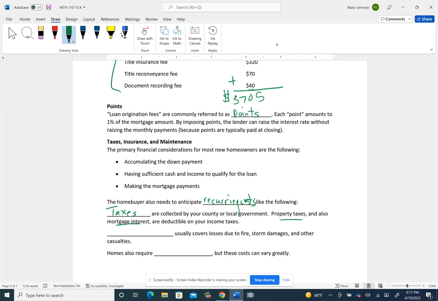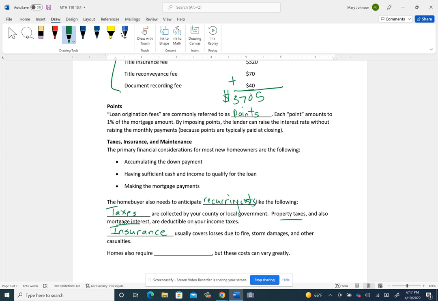You also have to have insurance. In order to get a loan, your house has to be insured, and that can be significant. It'll cover things like fire, storm damage, and all, but you need to be careful about that. I remember in Florida, there had been so many hurricanes, I'm from Florida, that my brother had a hard time insuring his house because a lot of the insurance companies just stopped selling insurance there because of all the hurricanes.